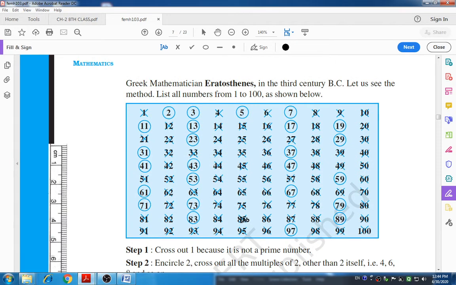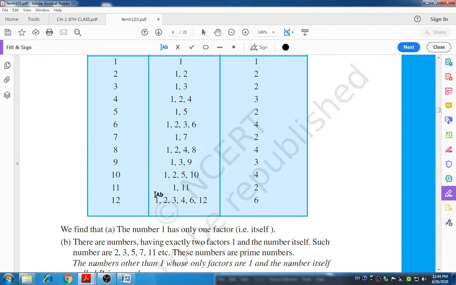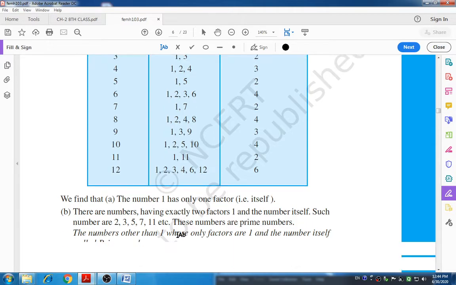Look at this table. We have crossed 1 because it is neither prime nor composite. What about 2? Already in the above table we have studied that 2, 3, 5, 7 and 11 have only 2 factors, that is 1 and the number itself. Because of that reason they are prime numbers.